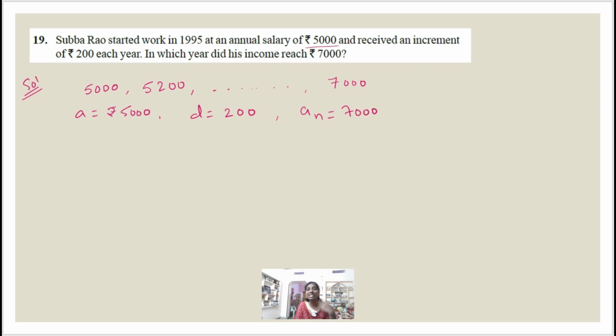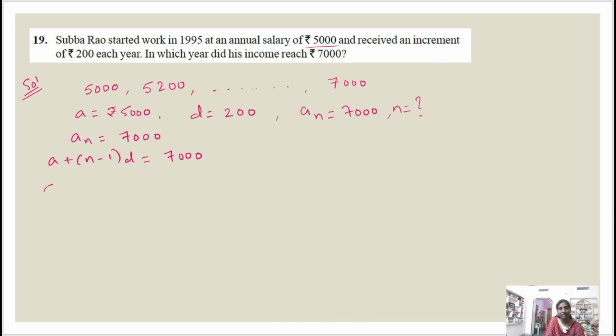Then in which year he will get 7,000 means what is N? So here we have to find out N. It's very simple. So AN is equal to 7,000. What is the AN formula? A plus N minus 1 into D is equal to 7,000.